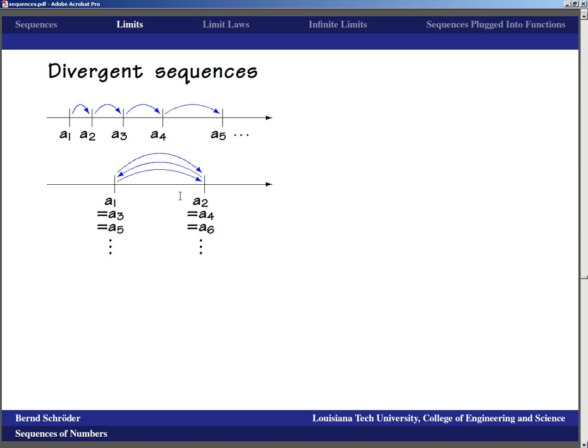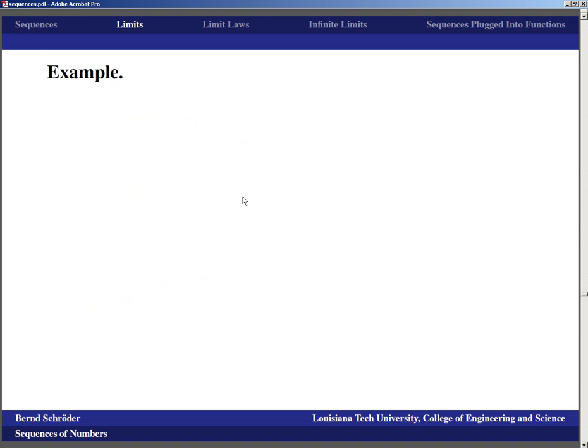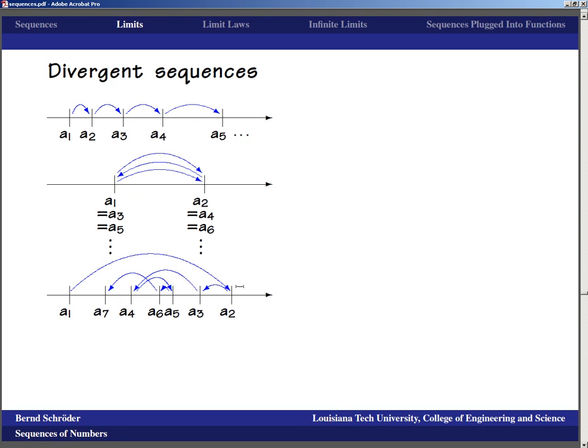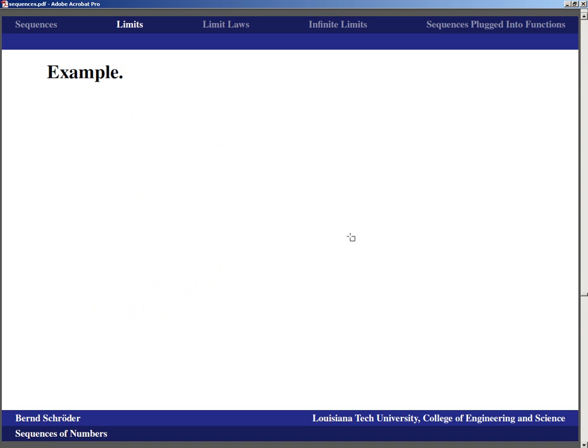If this goes on indefinitely, then that also is divergent. And finally, it could be that a divergent sequence just doesn't show any really good pattern in its behavior at all and just bounces around.